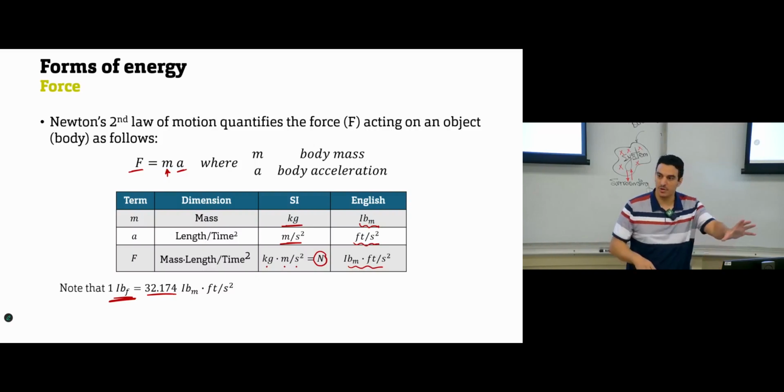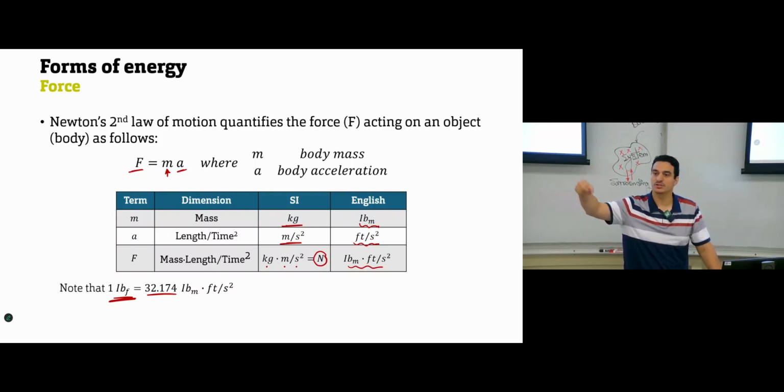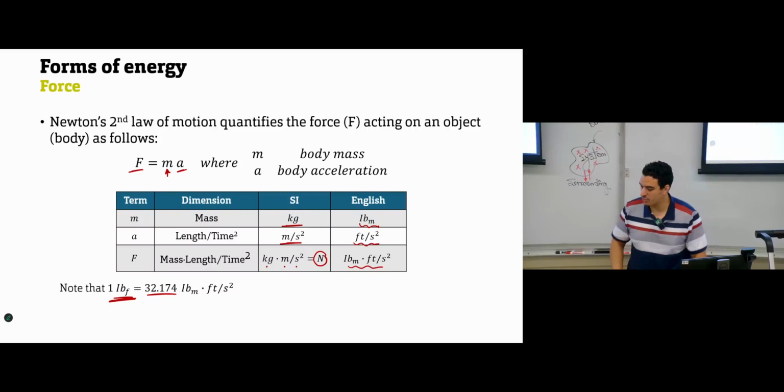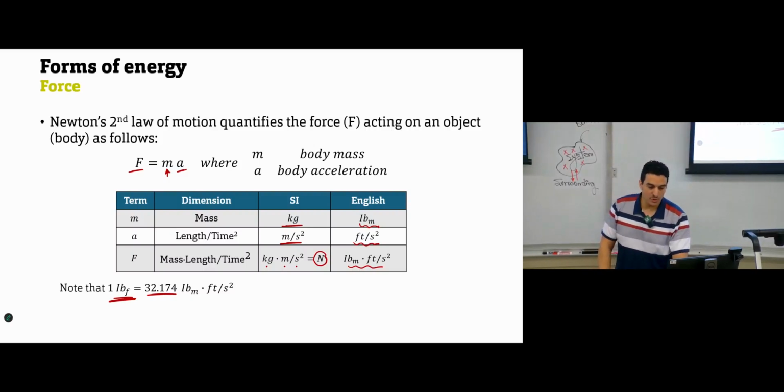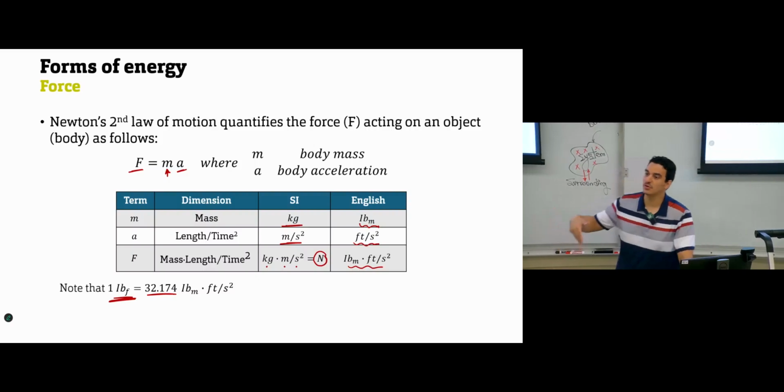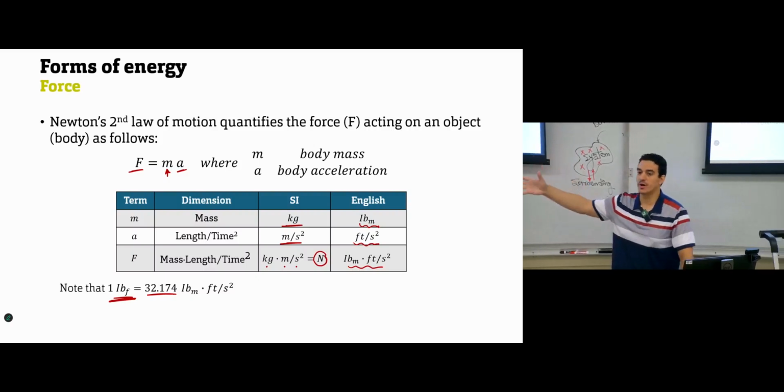This means we have 32.174 times 10 pound mass feet per second squared, and so on. Just make sure you are familiar with these units. So this is what I mean by force. It comes from Newton's second law, mass times acceleration, and in the SI system we express it in Newton. In the American system, it's pound mass feet per second squared or pound force.